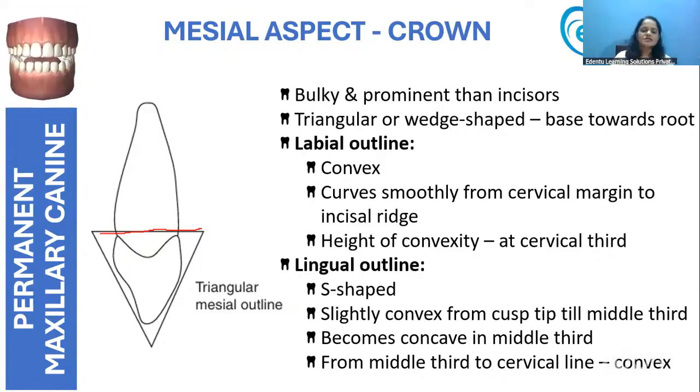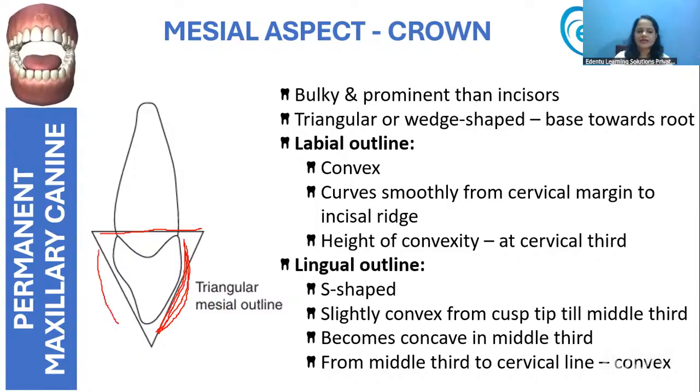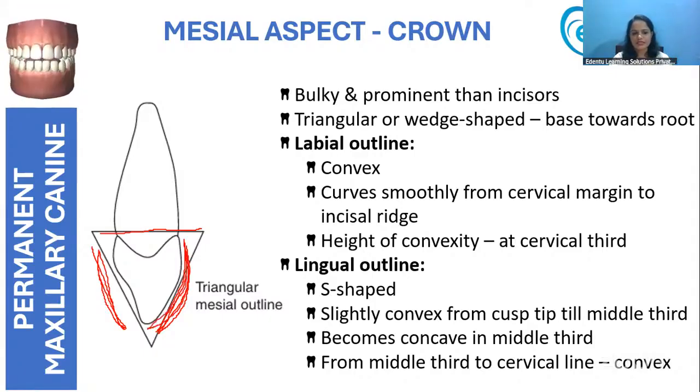If you look at it, this is the labial outline, and this is the palatal or lingual outline. The labial outline is convex and smooth, and it curves smoothly from the cervical margin to the incisal edge.